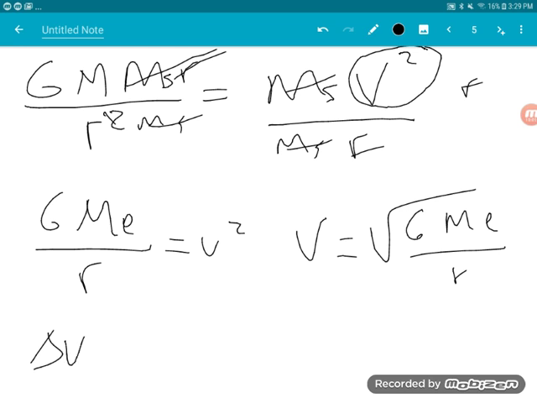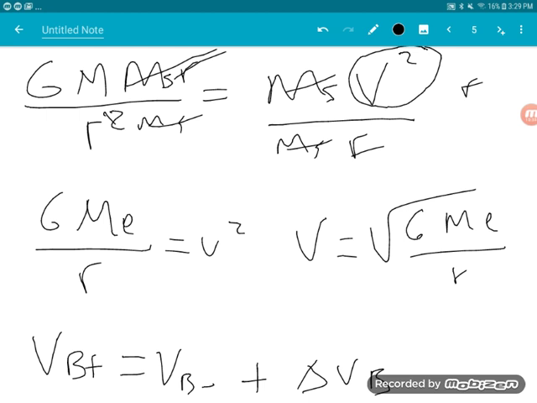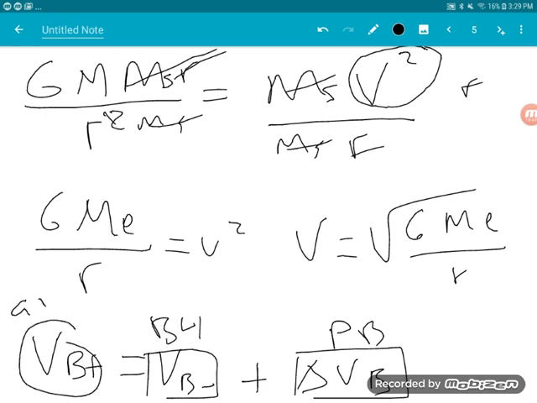We know that the velocity after the boosters are on has to equal the velocity at B minus plus our change in velocity right at point B. Remember, this is right at point B, this is before, and this is after.